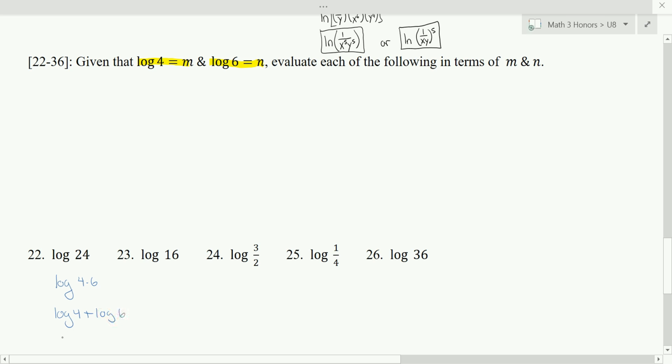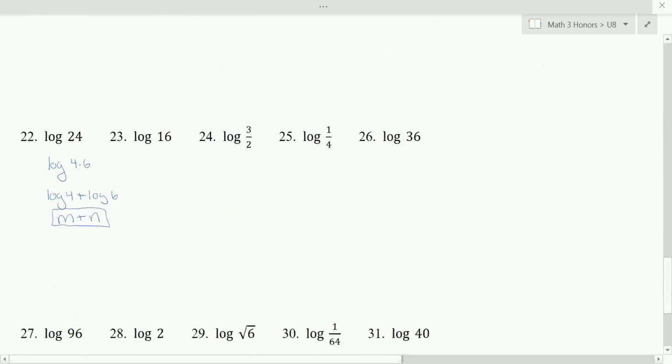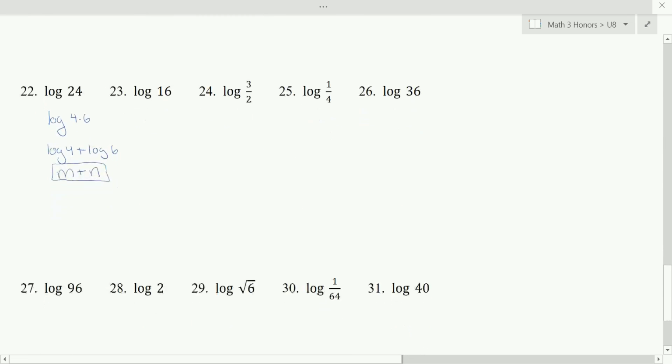And log 4 is m, and log 6 is n. And so that's my answer, because I got rid of my logs and I put everything in terms of m and n. That's the kind of game we're going to play. So now I picked an easy one there. Let me see if I can pick a hard one. Something that may not be so obvious.